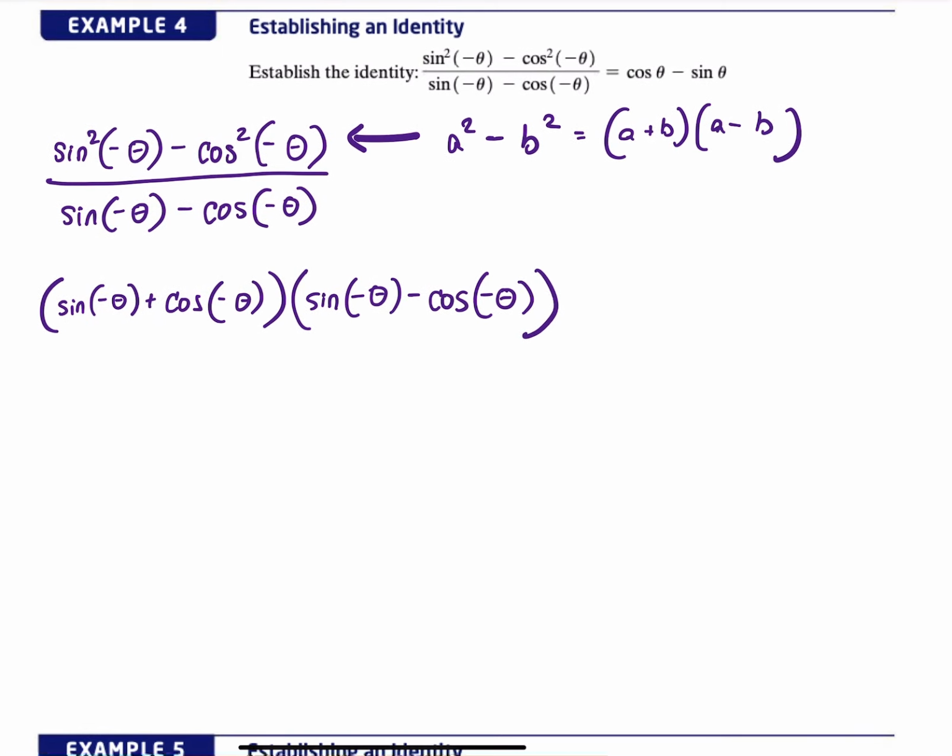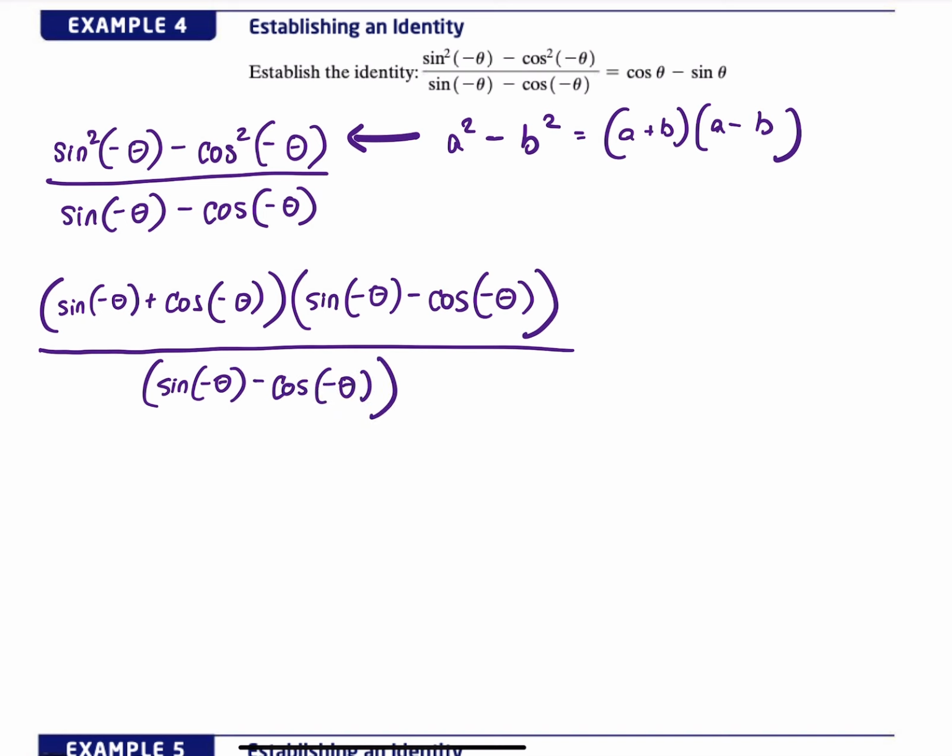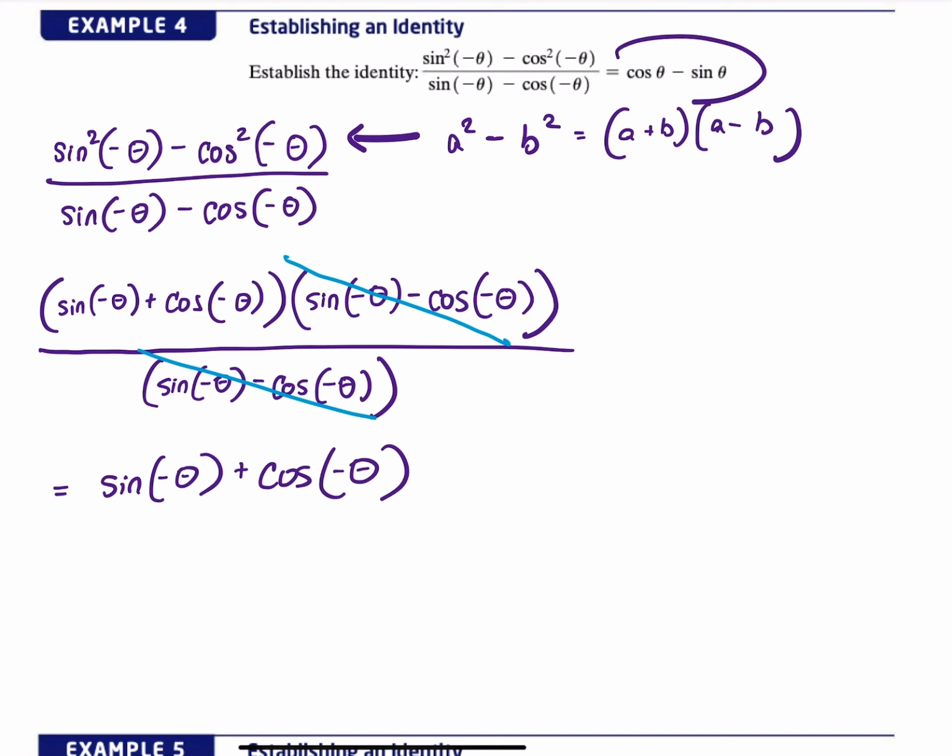And notice what our denominator is. We have that same second expression, the sine of negative theta minus the cosine of negative theta. So these two whole factors will cancel. So we'll just get that first factor in the numerator, the sine of negative theta plus the cosine of negative theta. Let's use those even and odd properties because ultimately we want some expression just with positive theta instead of negative theta.